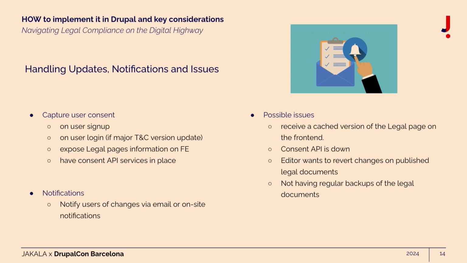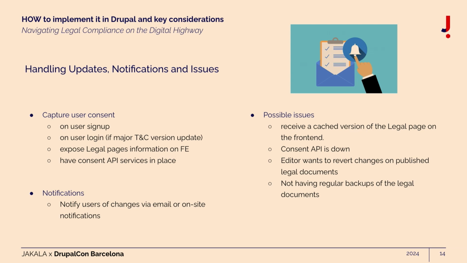And in this case, we basically couldn't check if the users have consented to the latest terms and conditions. So we needed to restrict them from using the platform, and we automatically logged them out.